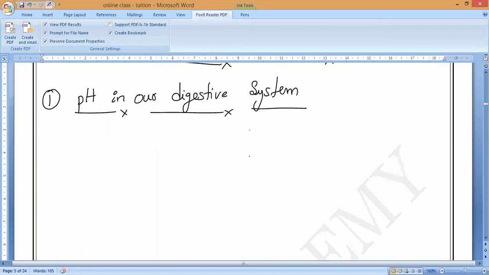So as we know, our stomach produces which acid? Hydrochloric acid, HCl. What is the pH of hydrochloric acid? Do you know exactly what our stomach pH value is? Sir, 1.5. 1.4. Zero, sir. Zero means your stomach will burn. Understand?